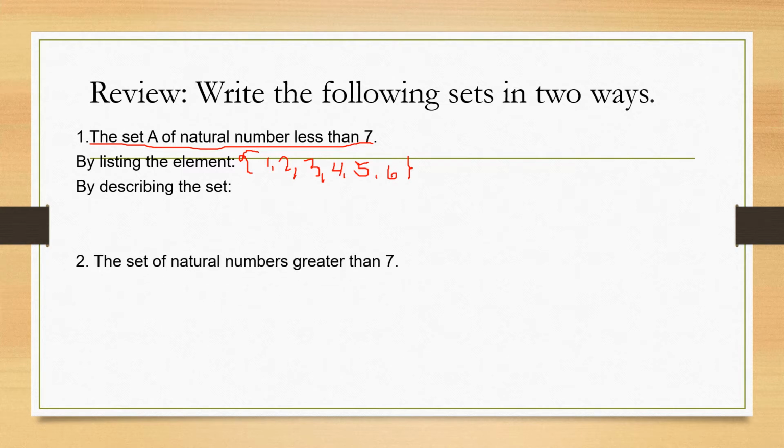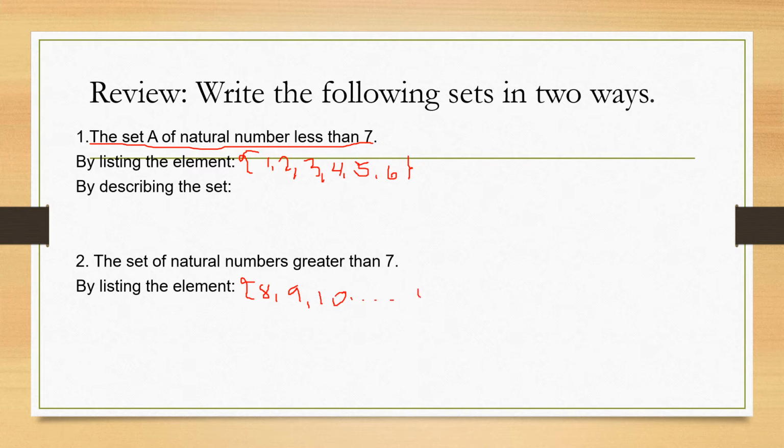Okay, so number 2, the set of natural numbers greater than 7. By listing method, we can write all the numbers greater than 7, like 8, 9, 10, and so on, infinitely.